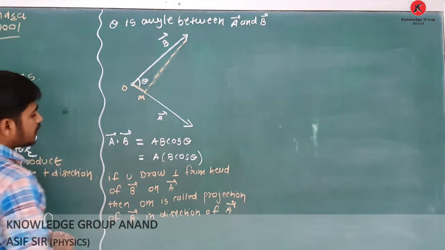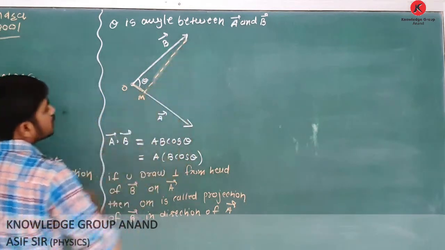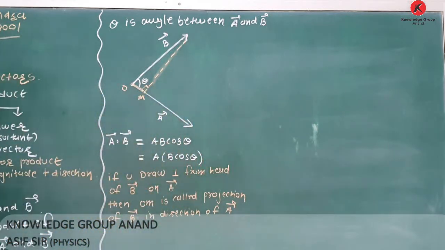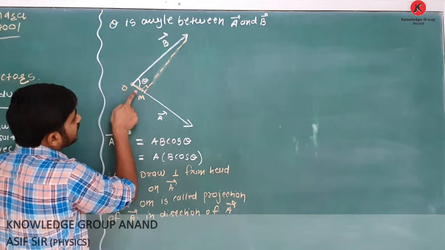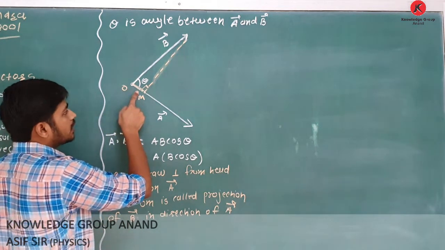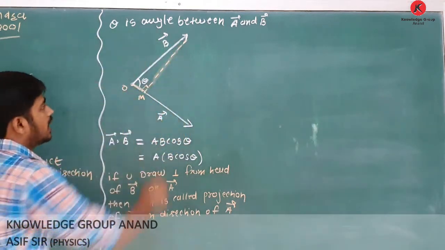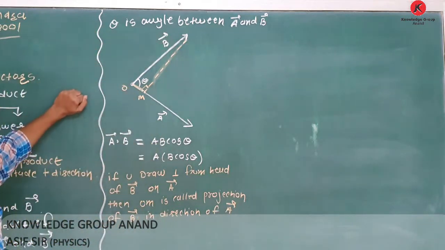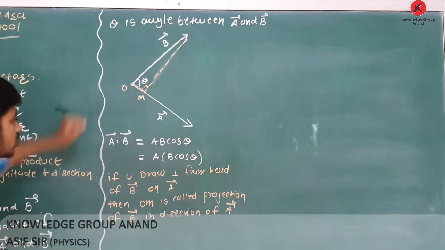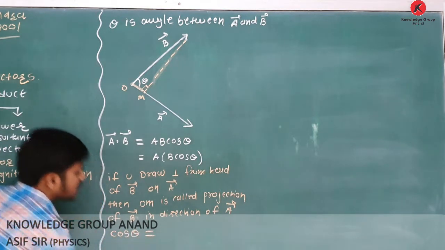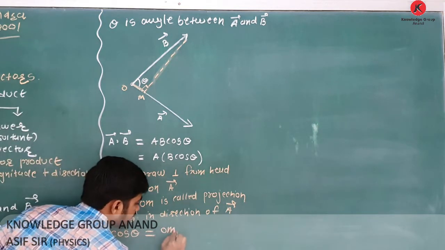Okay. Now see, here you have this triangle. It is a right angle triangle. As it is perpendicular, this angle is 90. Clear about this? So for this theta, it is the adjacent side, it is the opposite side, and it is the hypotenuse. Now in this triangle, cos theta is equal to adjacent side upon hypotenuse.